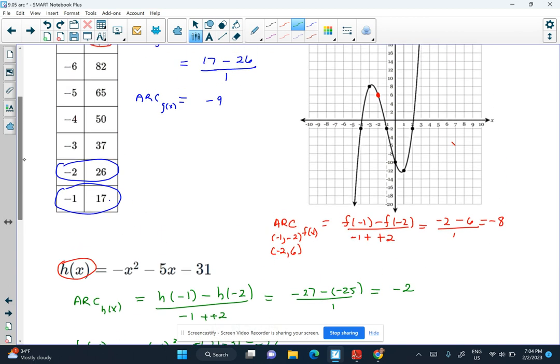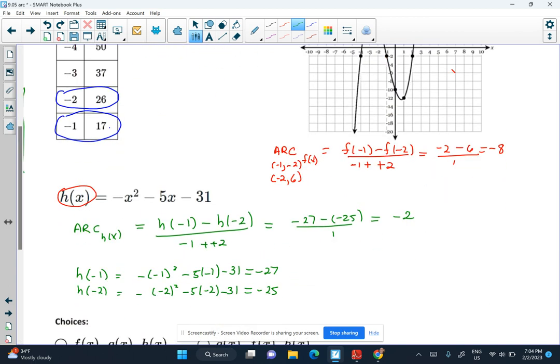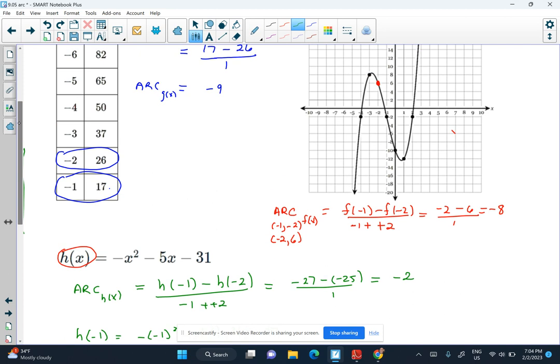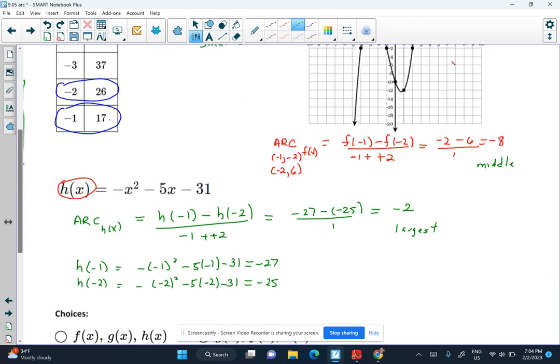So you're evaluating from least to greatest. So negative 9 is the smallest. And negative 8 is going to be larger than negative 9, so that's going to be in the middle. And the negative 2 is going to be the largest. So you actually have to show from least to greatest.